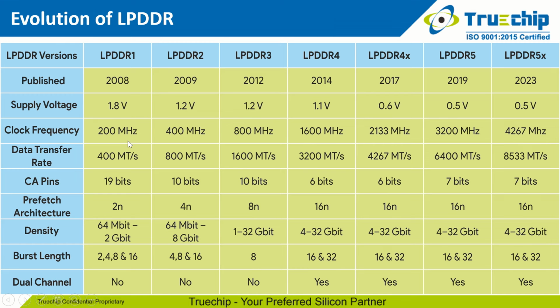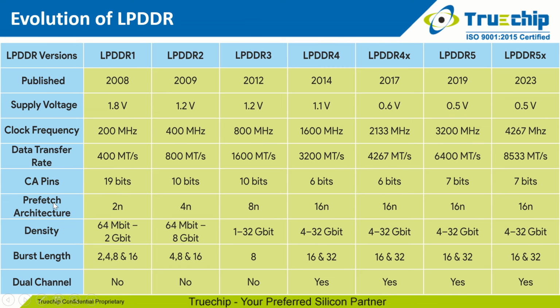For LPDDR1, a clock frequency of 200 MHz gives a data rate of 400 mega transfers per second, and LPDDR5X having a clock frequency of 4267 MHz has a data transfer of 8533 mega transfers per second. The command and address signal bits are also decreasing with each version of LPDDR devices.